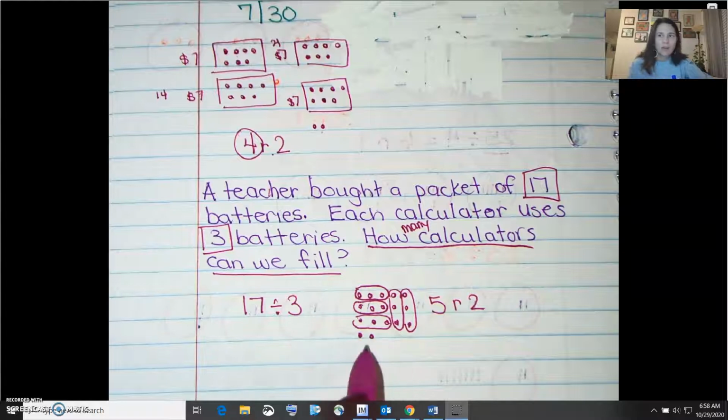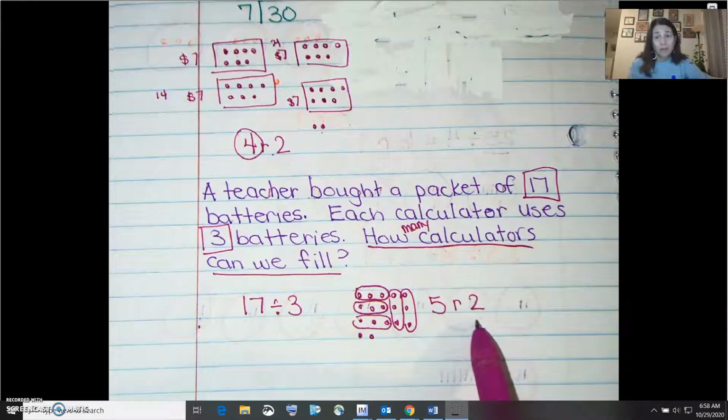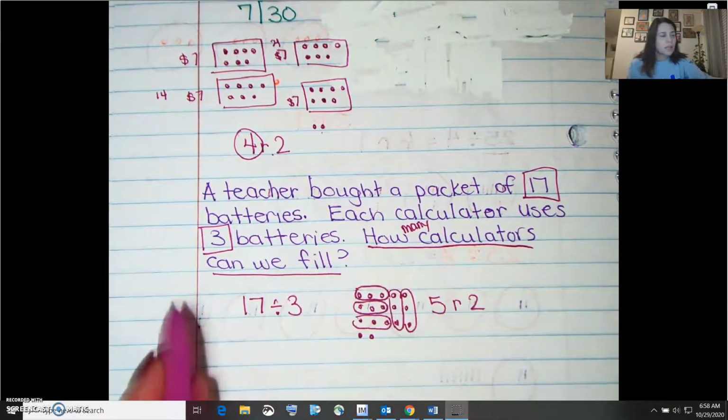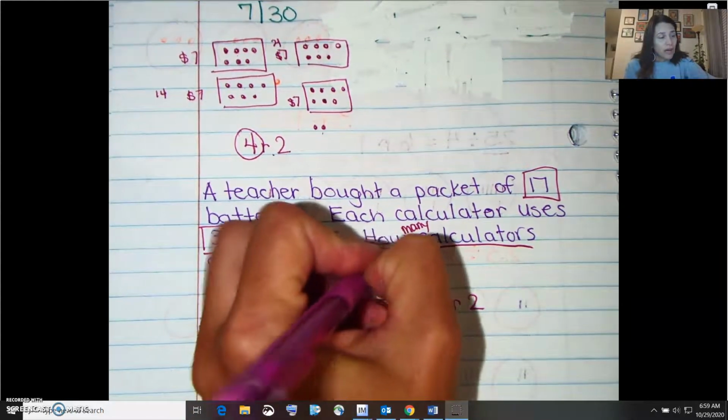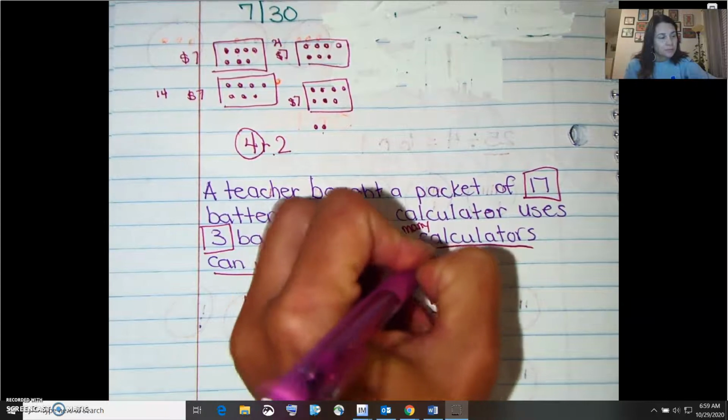Should we add it and say 6 calculators? No, because there's not enough. Can we do a part of a calculator? No, because then it won't work. So we have to drop our remainder, and the answer is, we can fill 5 calculators.